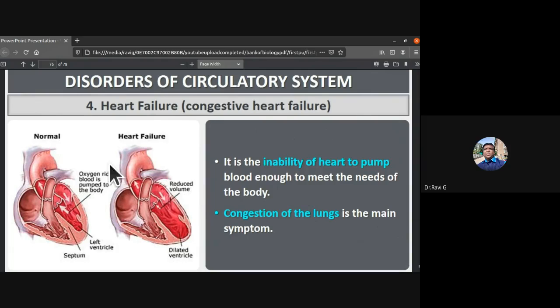Congestion of the lungs is the main symptom of this heart failure. So the inability of the heart to pump enough blood to meet the needs of the body is called heart failure or congestive heart failure.